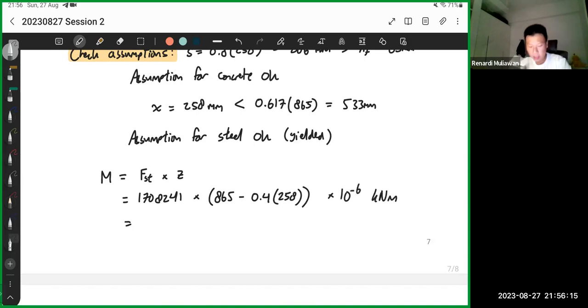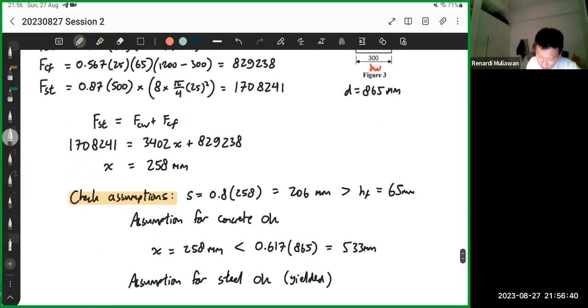Okay, so what do we get? 1708241 times 10 to the negative 6. So you get 1,301 kilonewton meters.